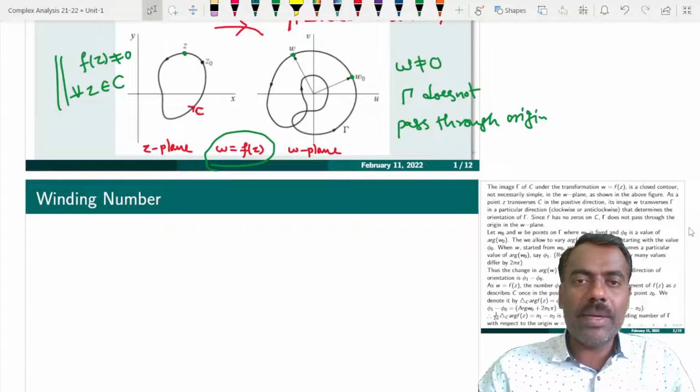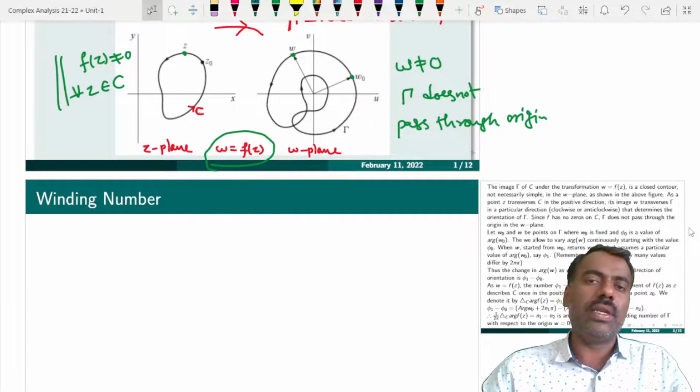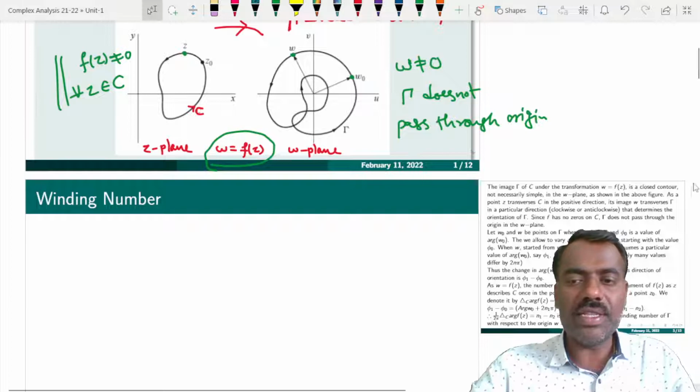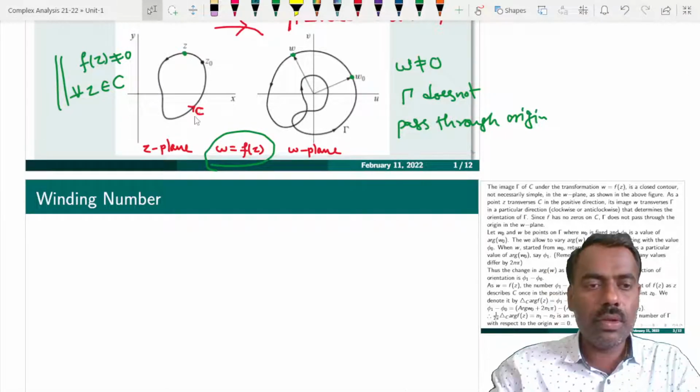Now take W naught, which is a fixed point, and W we will move around this curve gamma. When we start from Z naught and reach Z naught again, W also starts from W naught and reaches W naught again under this image.